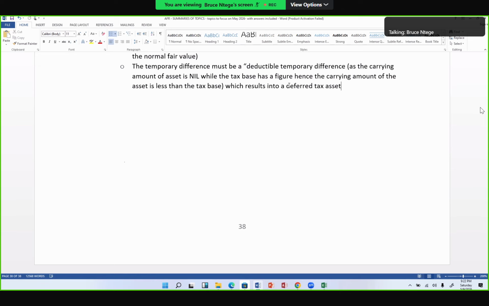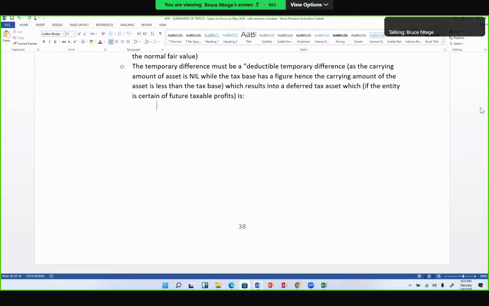If the entity is certain of future taxable profits, then we are going to debit this deferred tax asset, which is debited in the balance sheet as a current asset.